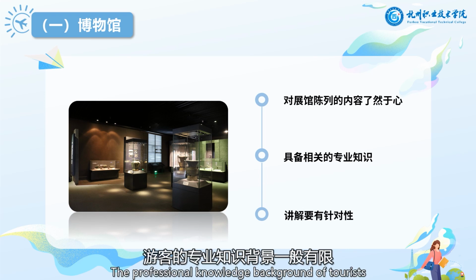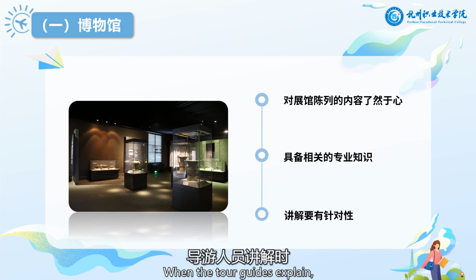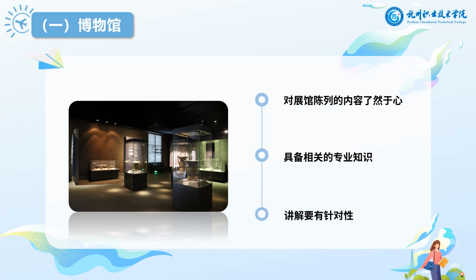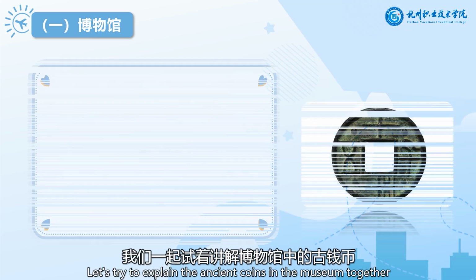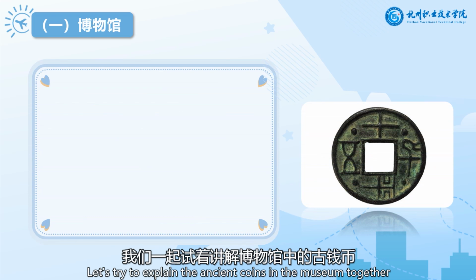The professional knowledge background of tourists is generally limited. When the tour guides explain, they should focus on being simple and easy to understand. Let's try to explain the Asian coins in the museum together.